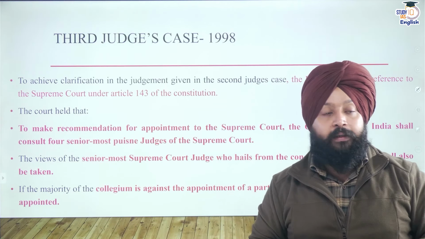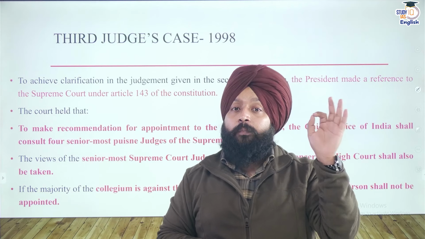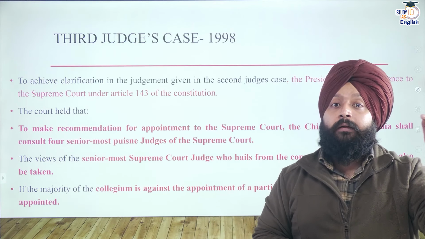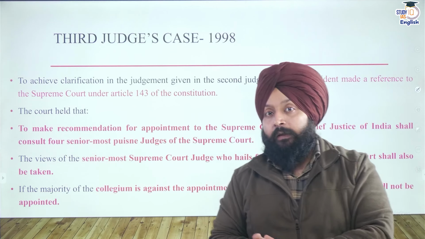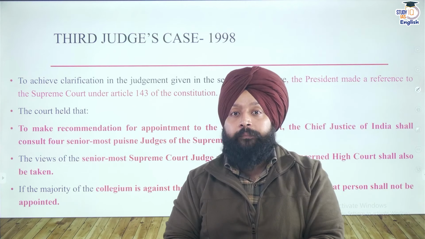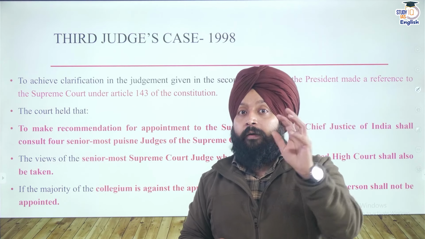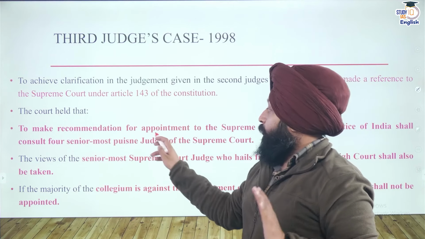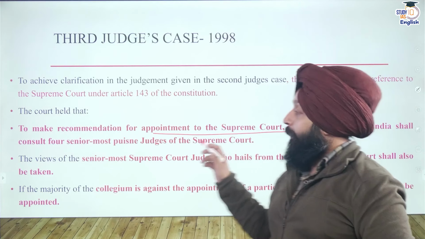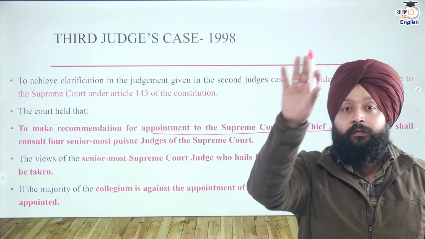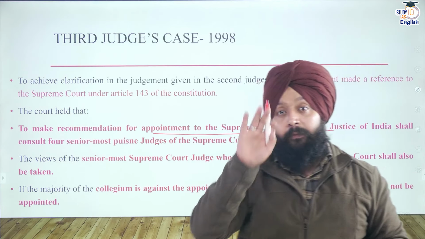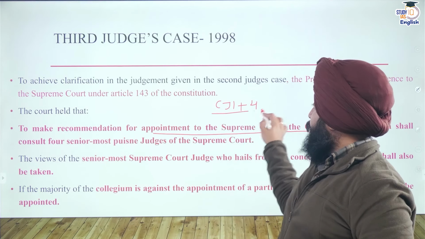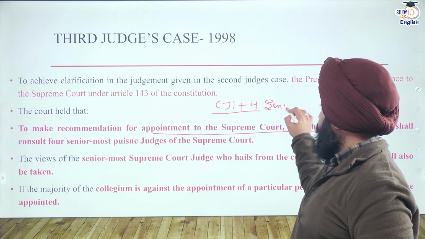We'll ask the court, what do you mean that the CJI will have the final authority to appoint judges? The Supreme Court accepted the reference and clarified its judgment. The Supreme Court stated, yes, appointment to the Supreme Court and High Courts will be done on the opinion of the Chief Justice of India, but the opinion will be formed by him by consulting his four senior-most judges.